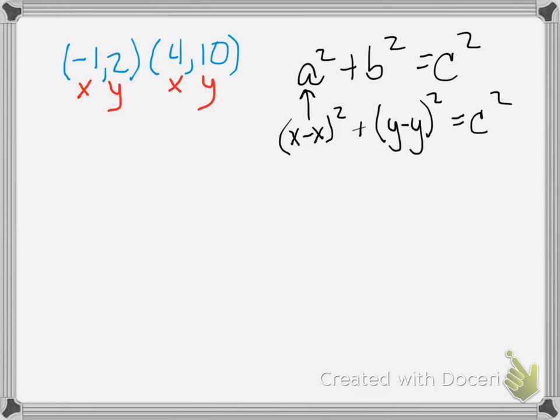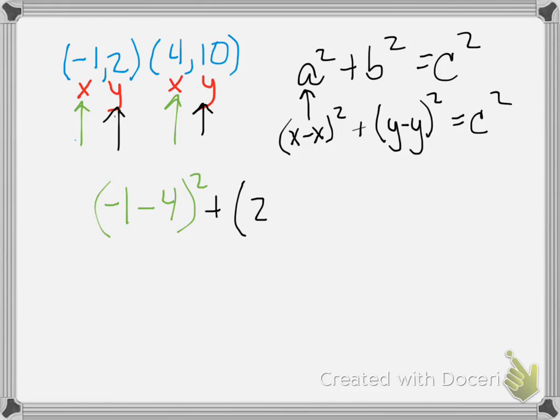So I can use that information and take my x's and my y's, let me color code them, and I can take -1, take away 4, and square it, and I can add that to 2 minus 4 and square it, and it should give me c squared.